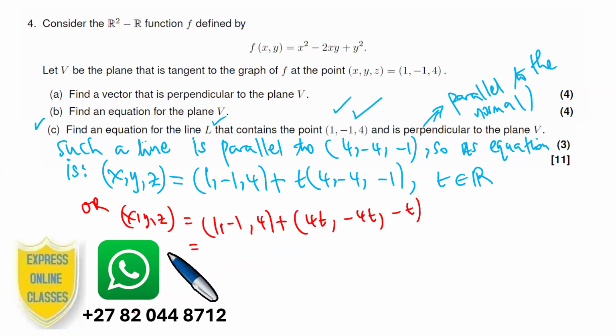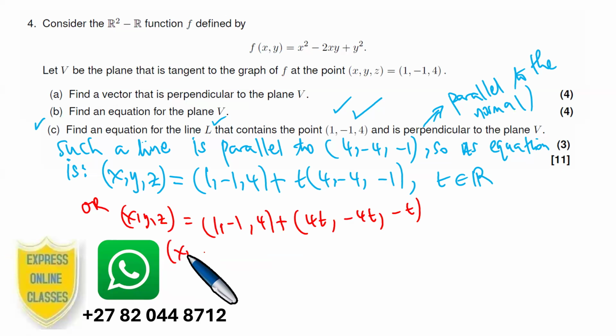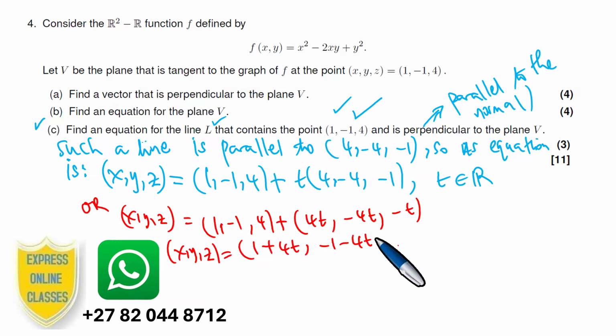You can combine everything like this, and then (x, y, z) becomes (1 plus 4t, -1 minus 4t, 4 minus t), t in R. Which means you can say the equation of the line is given by these parametric equations.